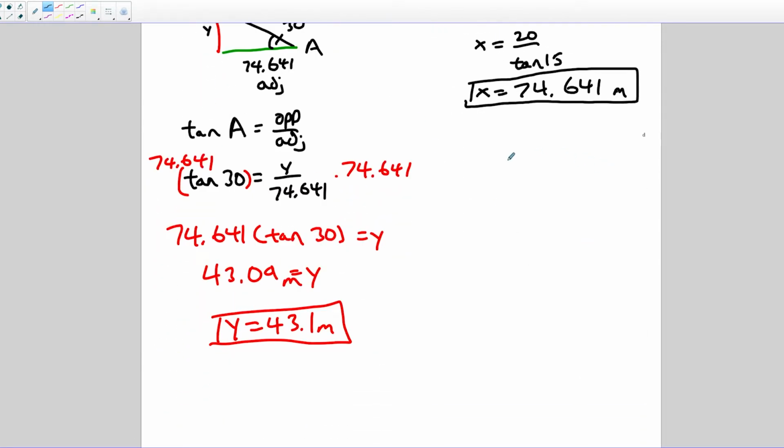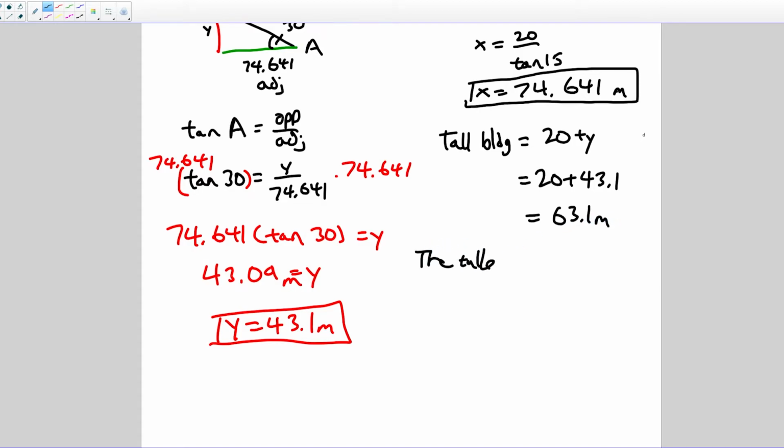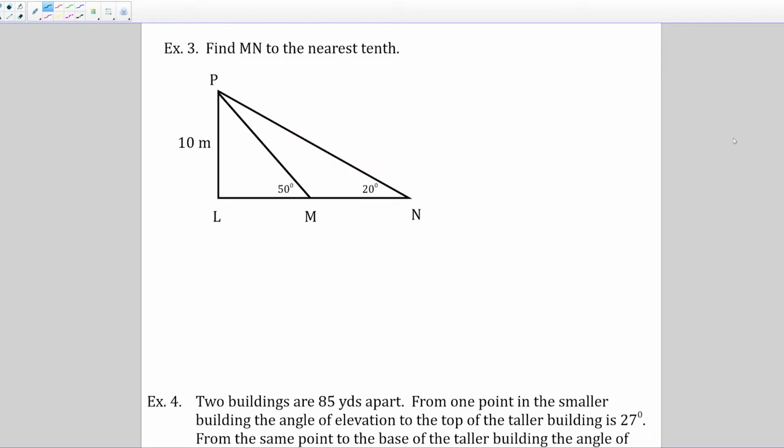So we can say that the taller building is equal to 20 plus y. So we have 20 plus 43.1. So we get 63.1 meters. So to end off with a sentence, the taller building is 63.1 meters tall.